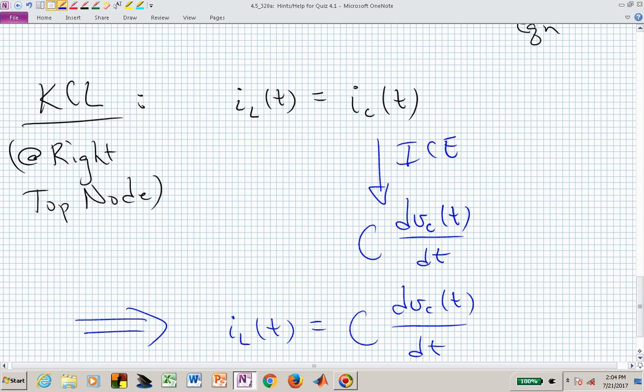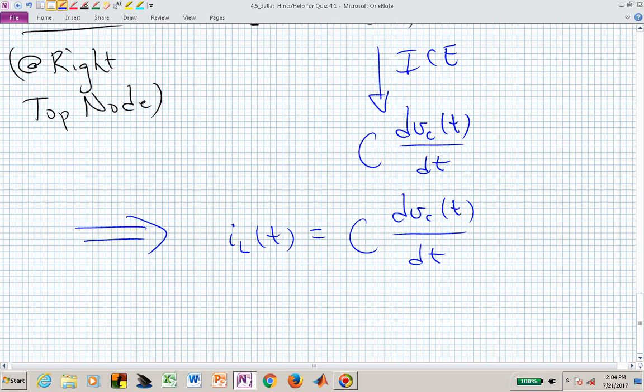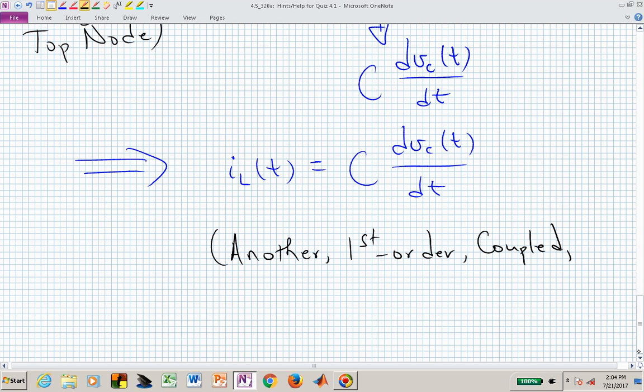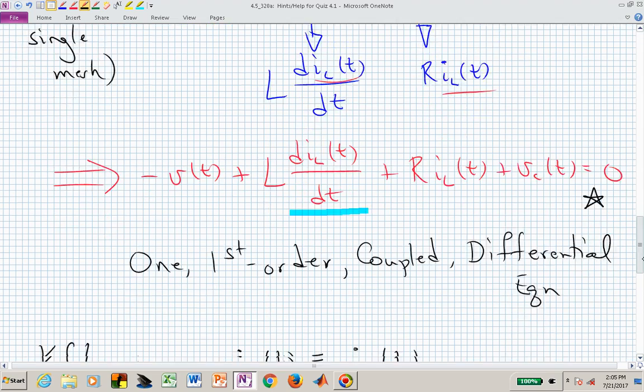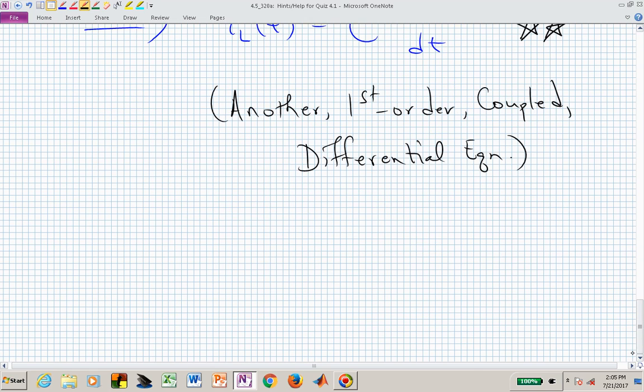And this now is another first order, and it's coupled. We've coupled now the inductor current with the capacitor voltage differential equation. And we could stop then with double star and star for our governing equations. Those are true equations. They're coupled, and we could just be finished with that particular analysis.